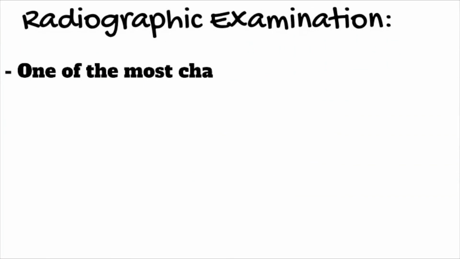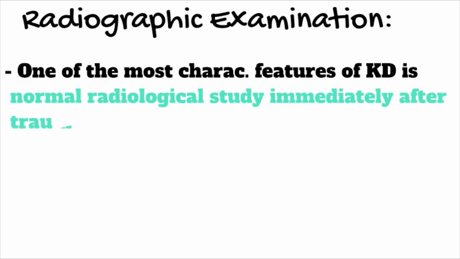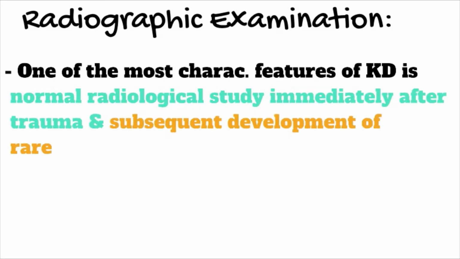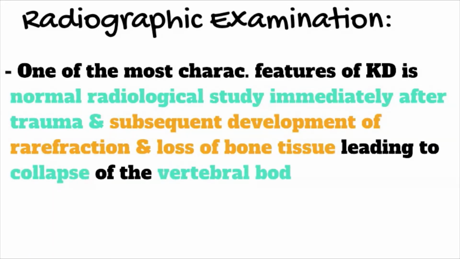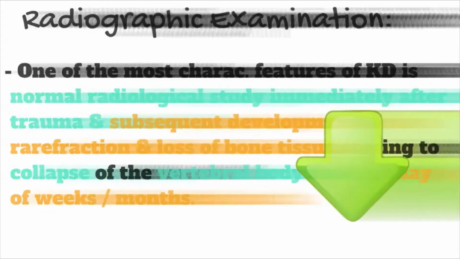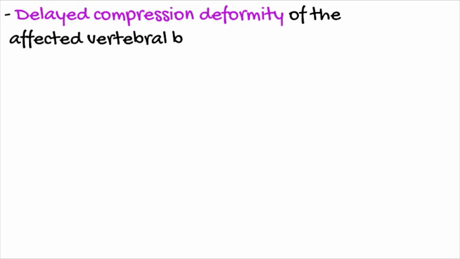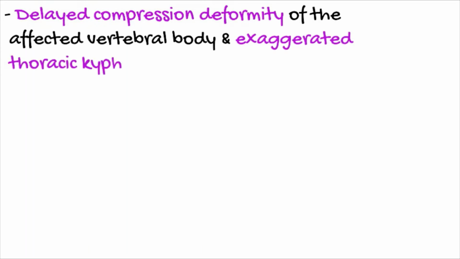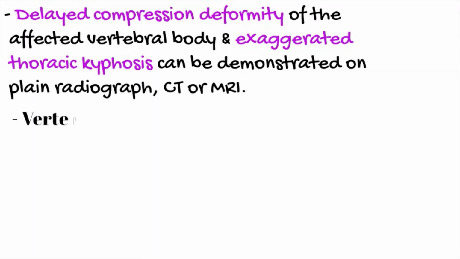One of the most characteristic features of Kummel disease is a normal radiological study immediately after trauma and subsequent development of rarefaction and loss of bone tissue, leading to collapse of the vertebral body after a delay of weeks or months. Delayed compression deformity of the affected vertebral body and exaggerated thoracic kyphosis can be demonstrated on plain radiography, CT, or MRI.